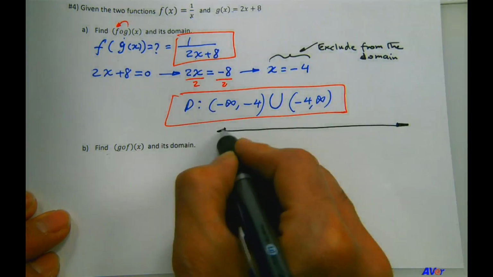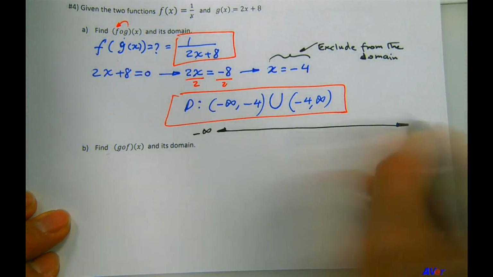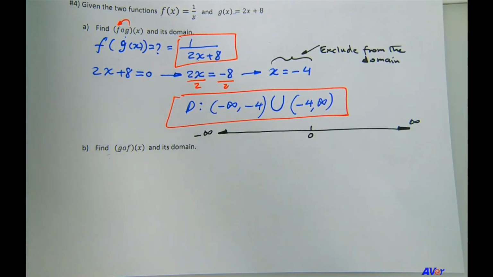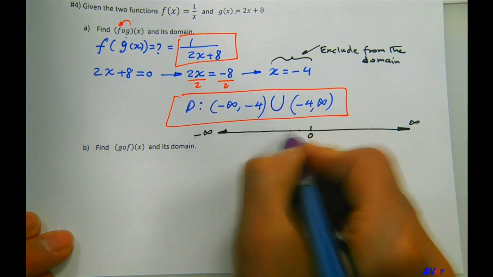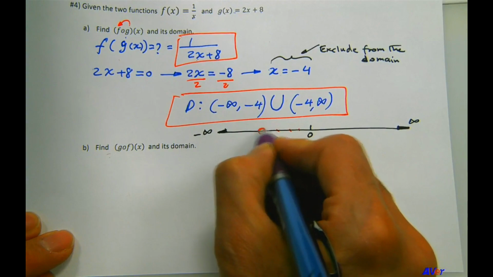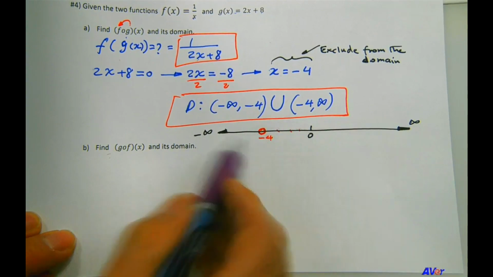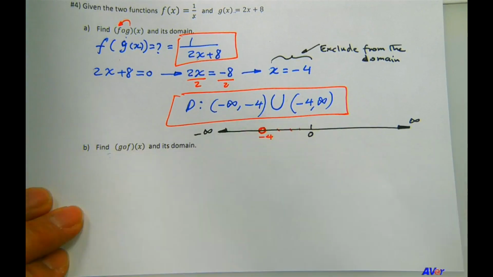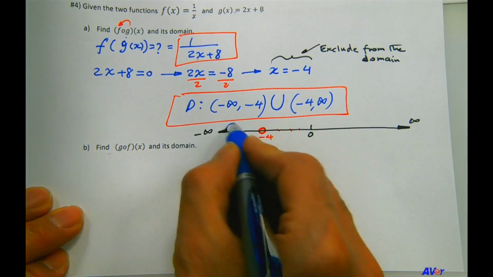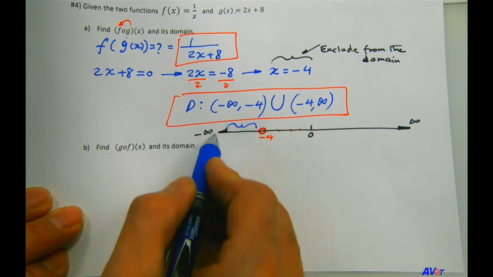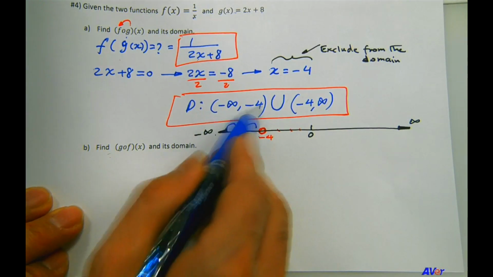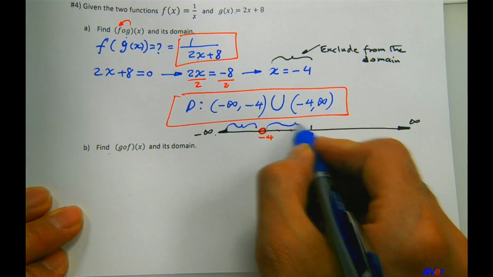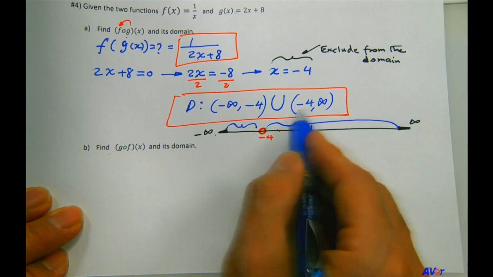We don't have to draw it, but sometimes it makes understanding things easy. That's the real number line. Negative 4 would be somewhere here. Let me put a hollow circle there. We've determined that negative 4 should not be part of the domain. So what should be part of the domain? This piece, which is negative infinity to negative 4, excluding negative 4 right there, union negative 4 to infinity, which is that piece.